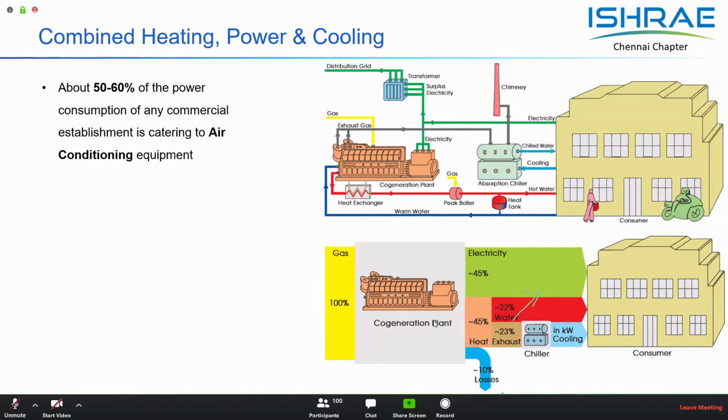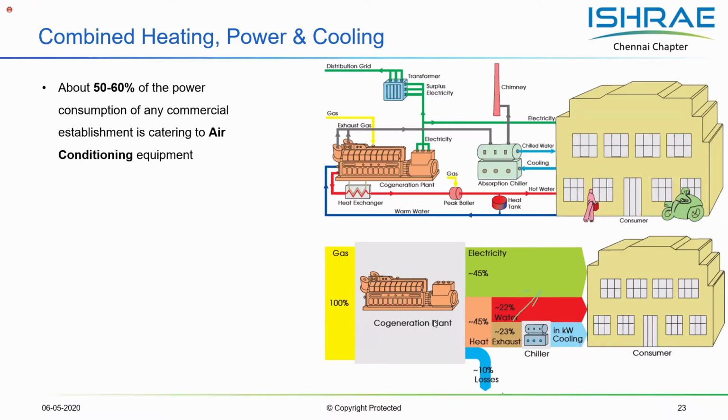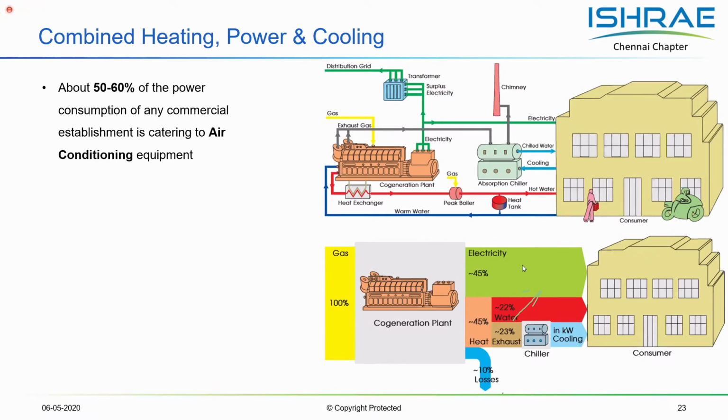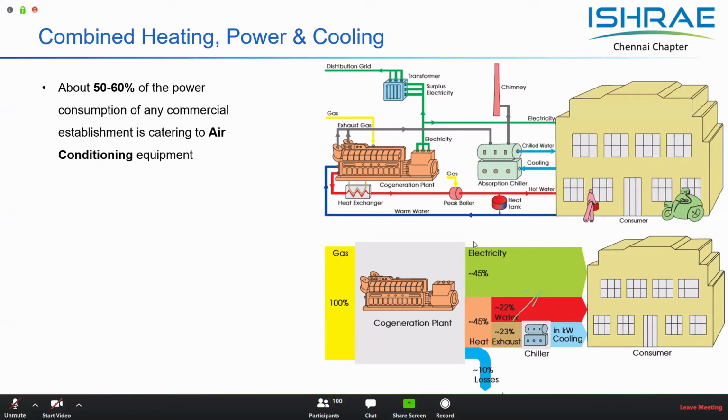So natural gas can be put into an engine which can generate power. Power can be used for captive requirements or even be delivered to the grid. And the waste heat coming out from this engine in the form of exhaust gas or the hot water coming from the engine jacket can be used to drive an absorption unit.